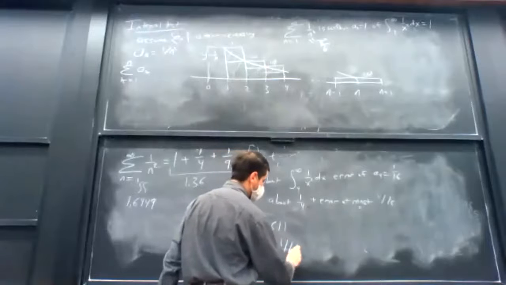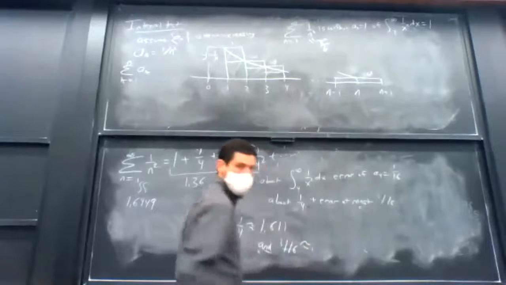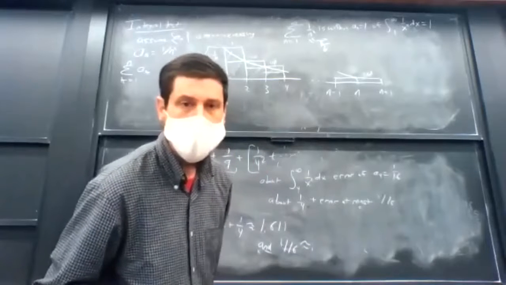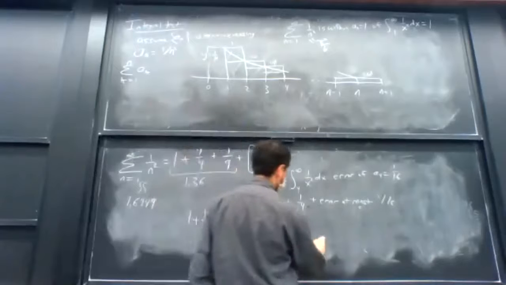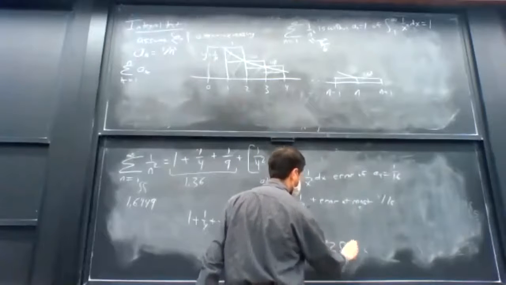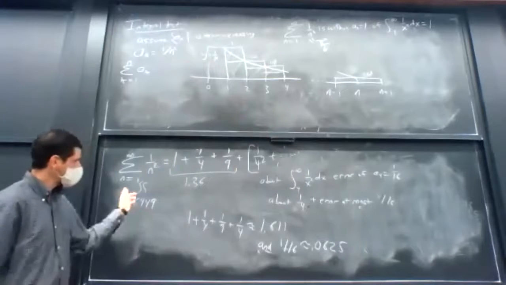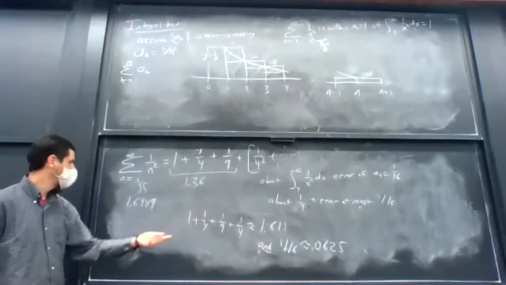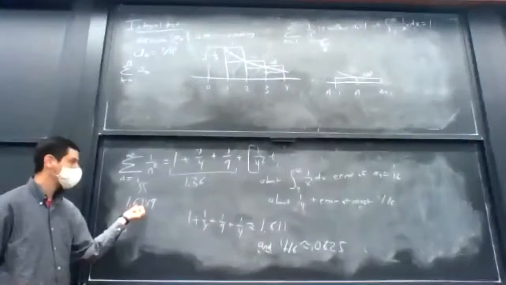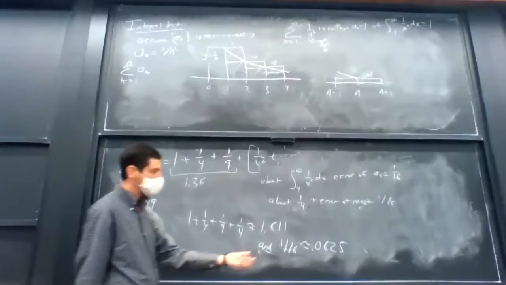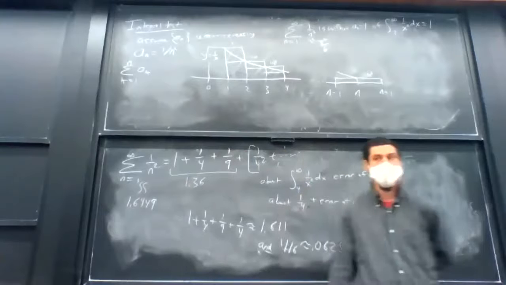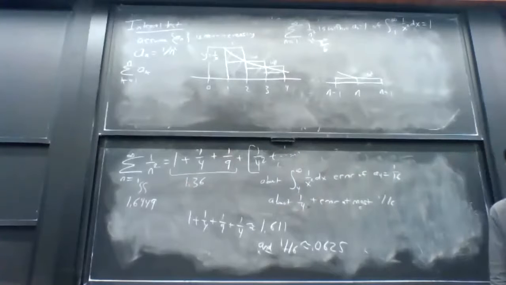And 1/16 is about 0.0625. All right, so now we're saying that the sum is about 1.611. The actual value is 1.644. And we're saying that the error is at most 0.0625. So by just taking a few terms in the beginning and then applying the integral test from that point onward, we actually got a pretty good answer.